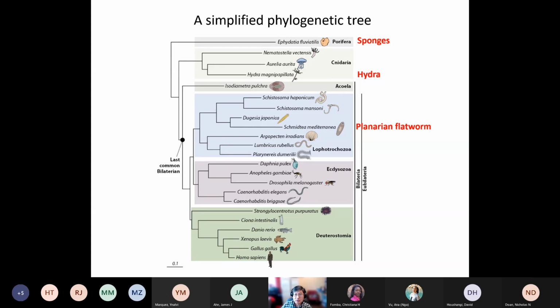Then, as the species evolve, you can have something like a hydra. The hydra is called a eumetazoan. That means they are not as simple as sponge. They start to develop from germ layers. You start to describe them with terms like endoderm, ectoderm, and mesoderm.